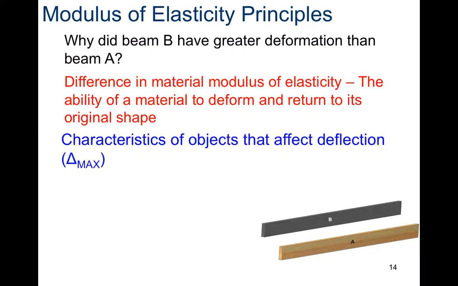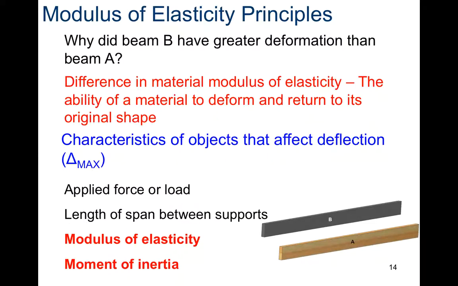So how far is it actually moving from its original position? We apply a force or a load to the beam. The longer the span between the supports, the more deflection we're going to see. A higher modulus of elasticity means less deformation. A higher moment of inertia also means less deformation.